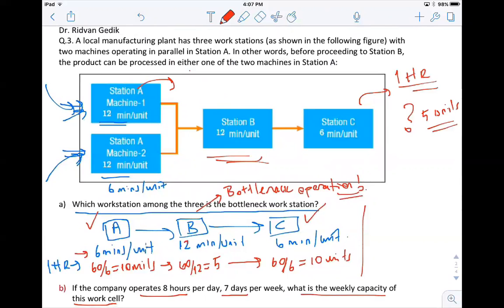However, it doesn't matter, because workstation B is going to slow the entire system down and reduce the capacity to 5 units. And workstation C, although it is faster than workstation B, is only going to be processing whatever is coming from workstation B, right? Therefore, at the end of 1 hour, the capacity of this entire operation should be 5 units.